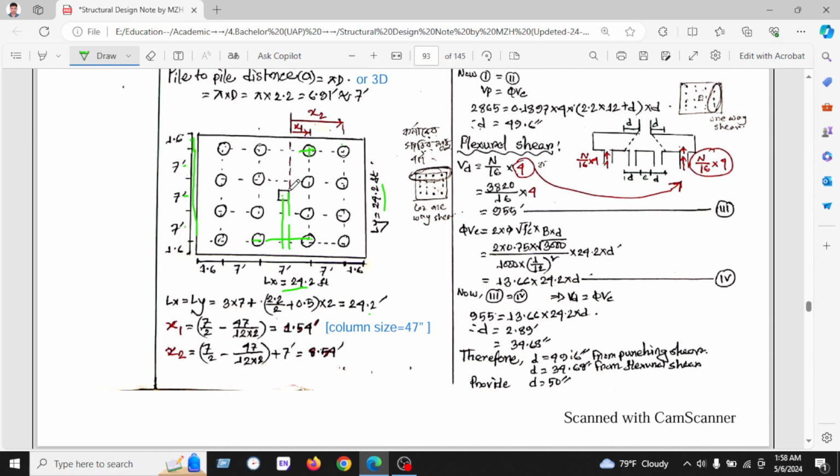In the same way, x2 is for the second row of the piles.